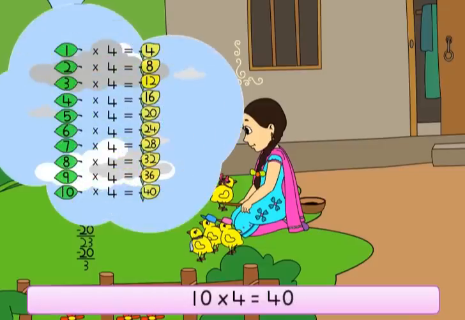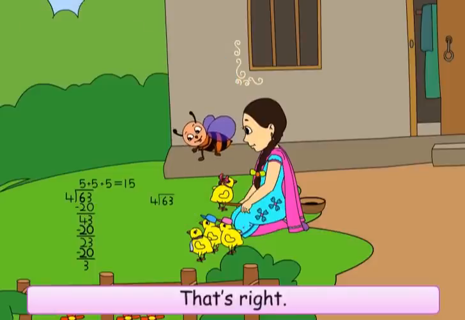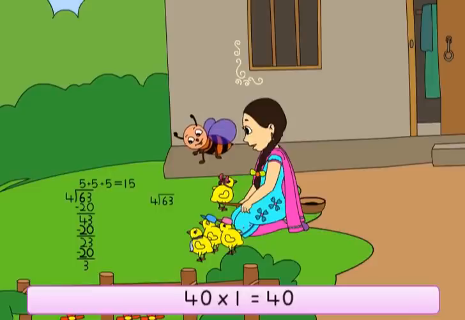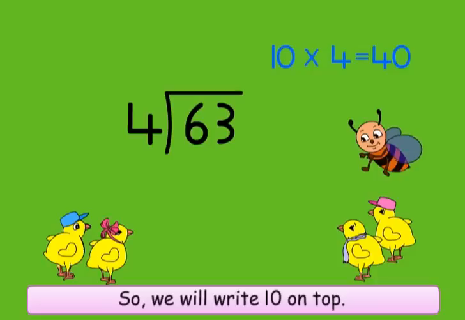4 tens are 40. That's right. 4 tens are 40. So we will write 10 on top.